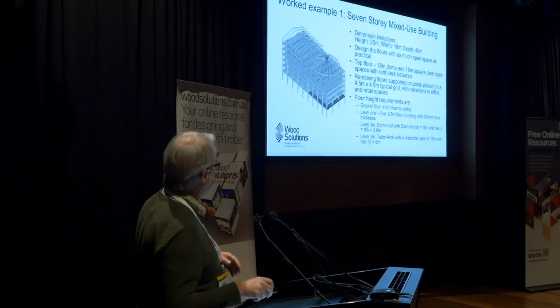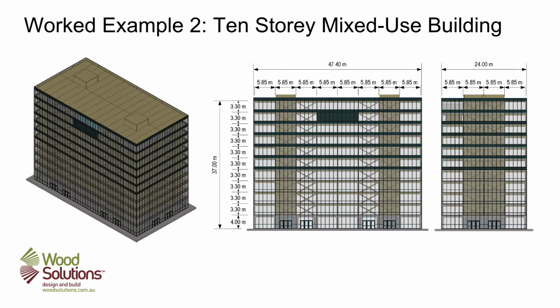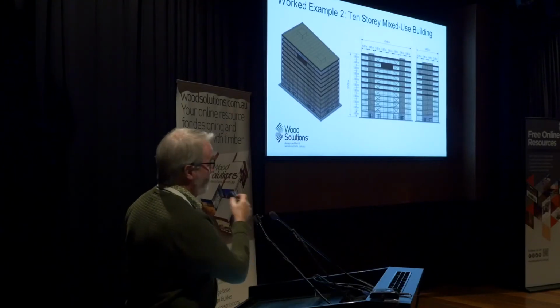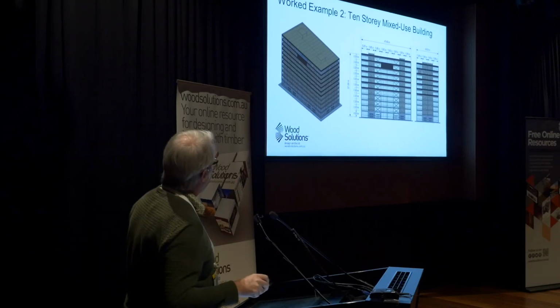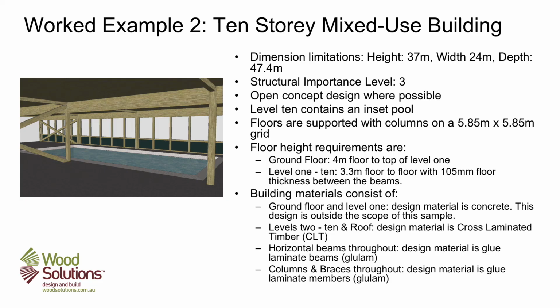Each of these things is then shown through in detail. With the second one, there's a 10-storey option with a pool on the 9th floor, just to add a little bit of interest. So this is conceptualising something where you've got a gym or something on the top floor, and you want to include a pool on that top floor. So here are the basic characteristics of the option.